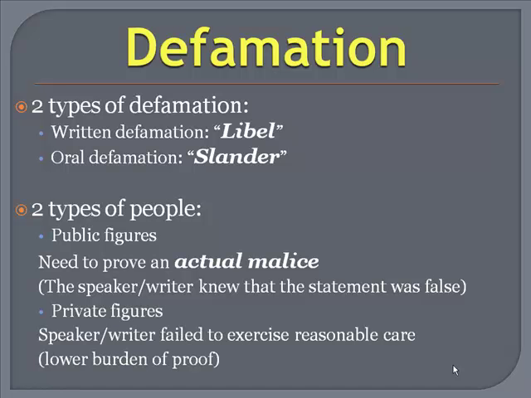If you are a private figure, it's a little bit easier because you simply have to show that the speaker or the writer failed to exercise reasonable care. Basically, if you're private, you have to show that it was negligence. If the figure is public, you have to prove that the person knew that the statement was false. Okay, so there was a very strong intent to damage your career, for example.